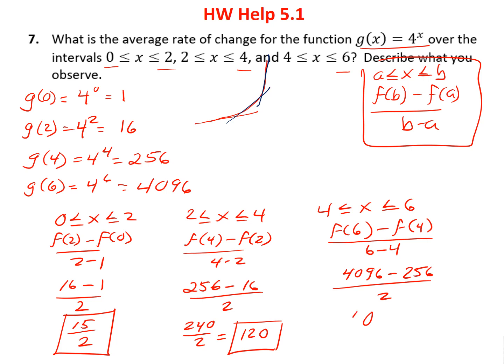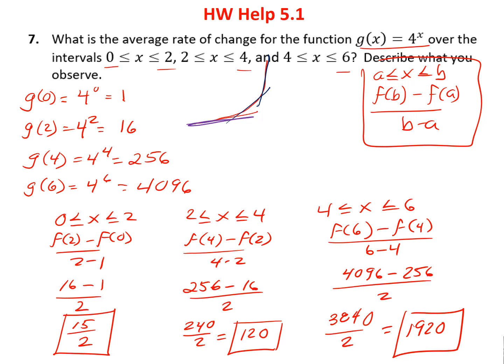And so if we subtract here, I get 3840 divided by 2, which is going to equal 1920. So notice it's going significantly up. And again, I point you to this diagram up here. Notice when it's at this level, it's looking pretty level.